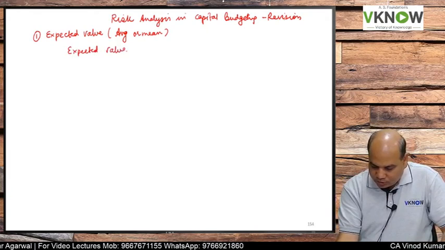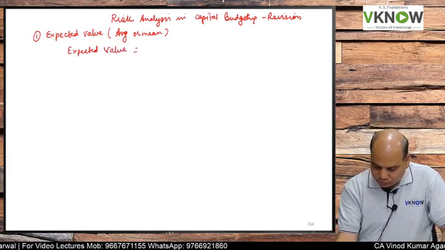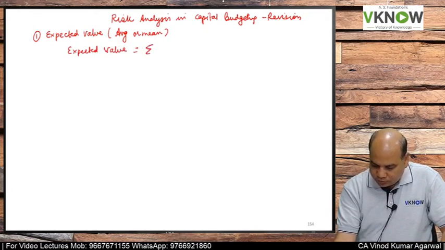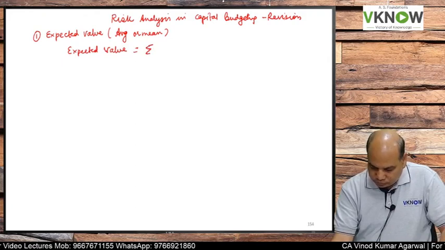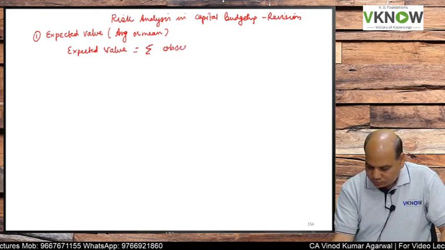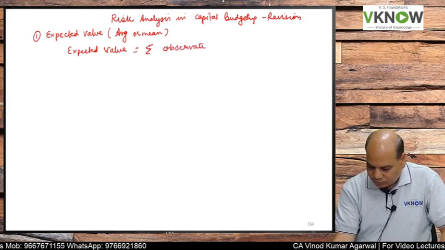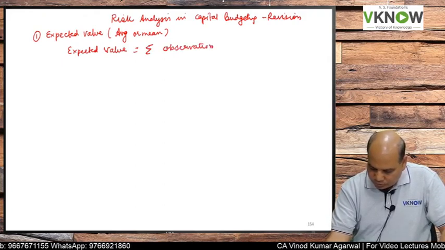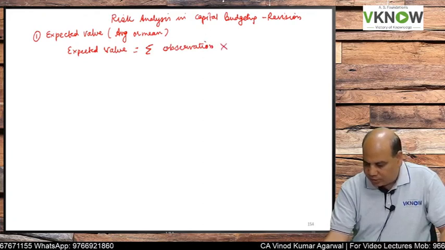Expected value will be equal to the sum of the observation multiplied by probability.